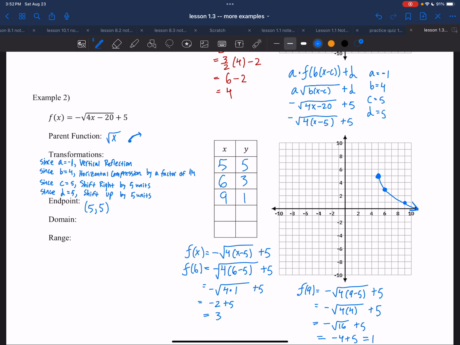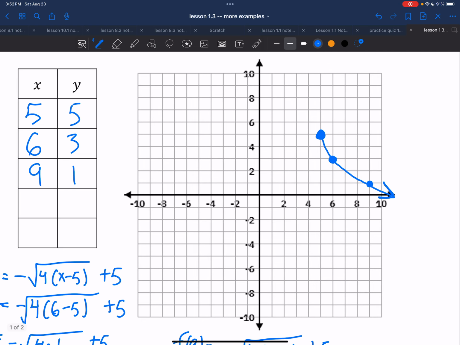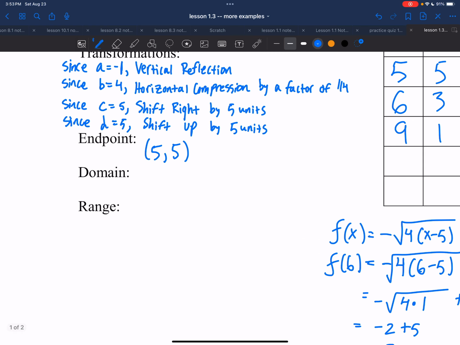Now, reading domain and range, this is fun. Domain goes left and right, so your domain, the leftmost x value, right here is the leftmost point. It's at 5. It goes all the way to the right, which means it goes to infinity. So, domain, bracket 5 to positive infinity. That's our domain.